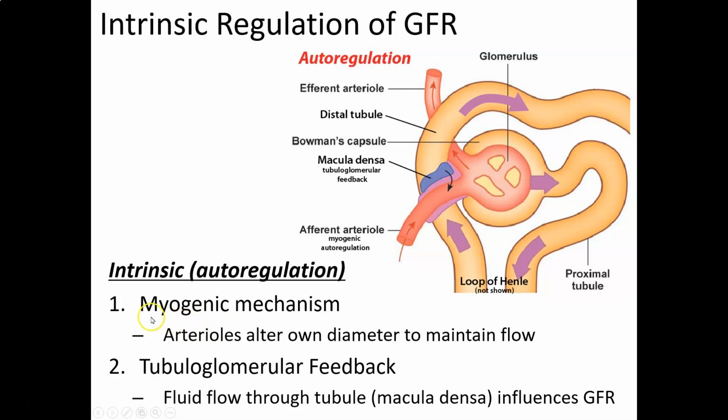So remember, myo was muscle, genic means it comes from. So the myogenic mechanism comes from muscles. The arterioles can alter their own diameter to help maintain flow. So that's the myogenic mechanism. And then the tubular glomerular feedback mechanism we already talked about with the macula densa and things like that.